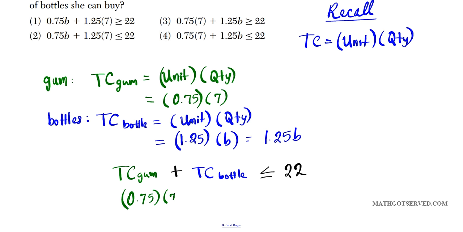That plus the total cost for bottles, which is $1.25 times B. These combined costs must be less than or equal to 22 because that's how much money she has to spend. We can clearly see that our answer is option number 4.